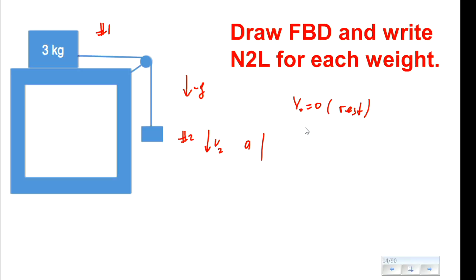Happening to velocity. How do we relate directions?